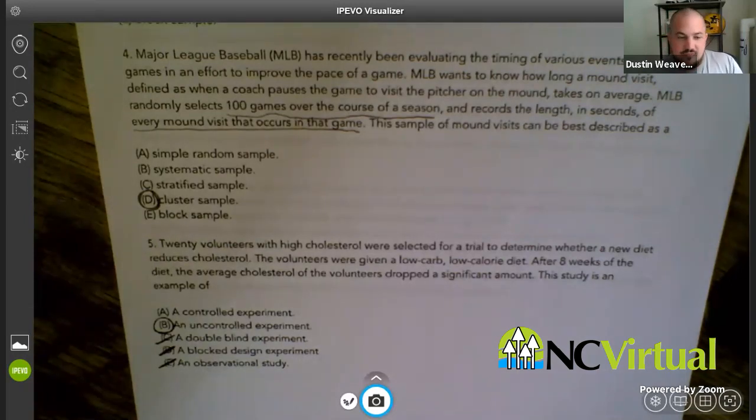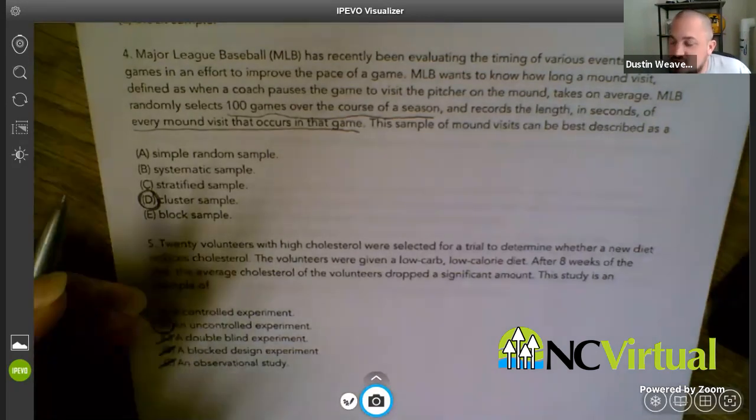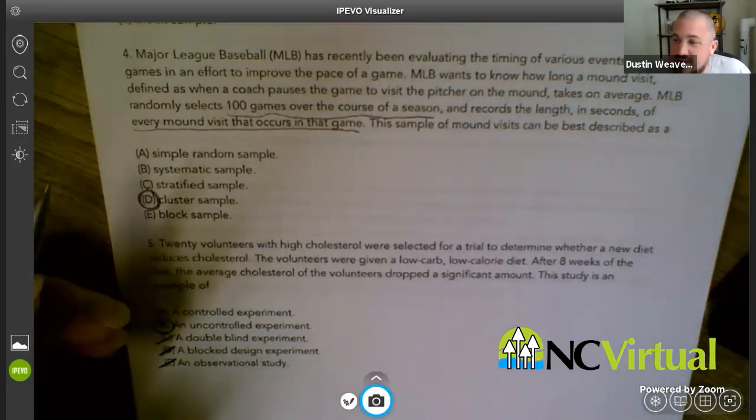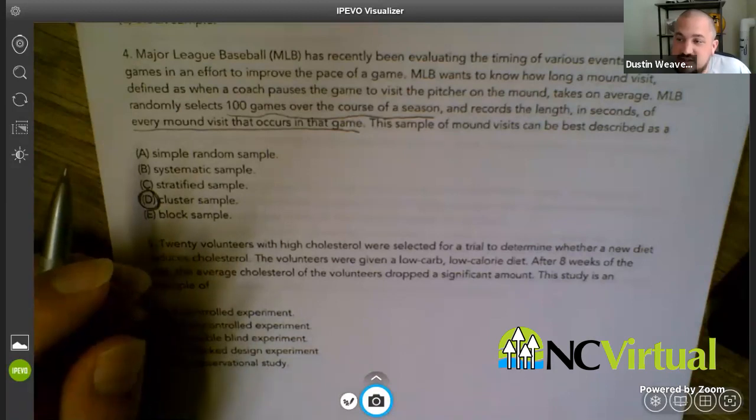Everybody's getting the new diet, and we see that their average cholesterol went down. But we don't know if the new diet actually caused that, because we didn't randomly assign them. We didn't give one group the new diet and one the old. We didn't have anything to base it off of, right? So that's why that would be an uncontrolled experiment.